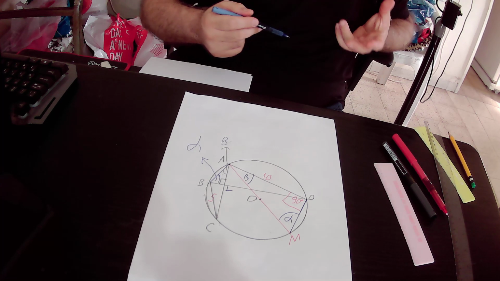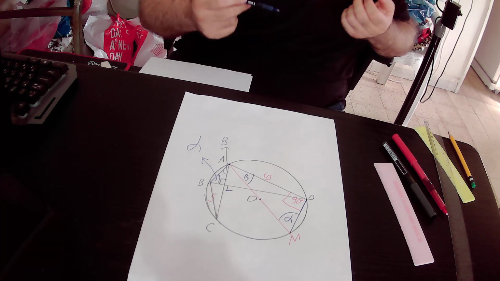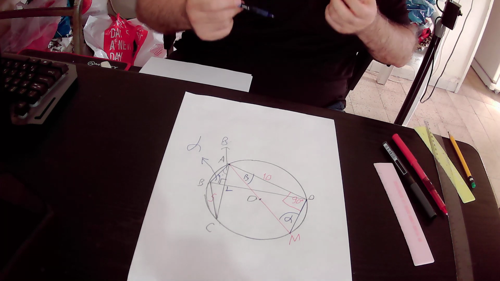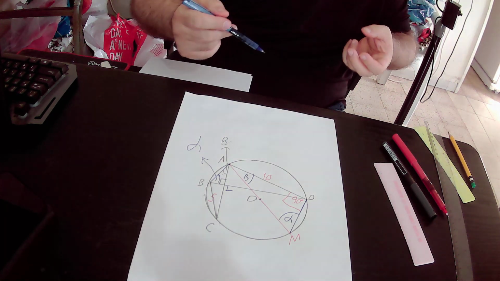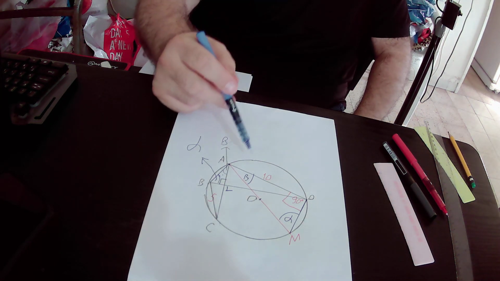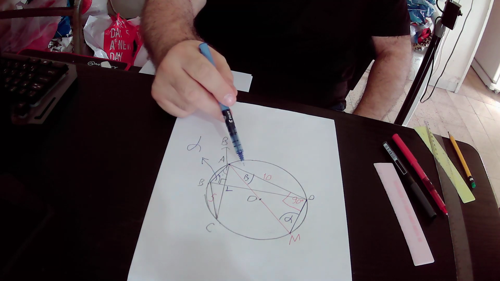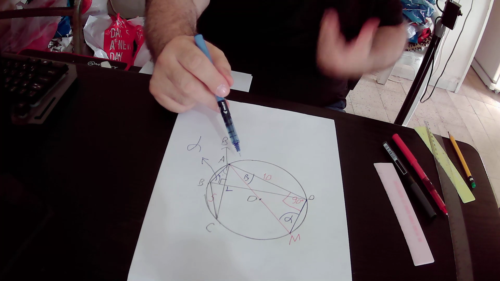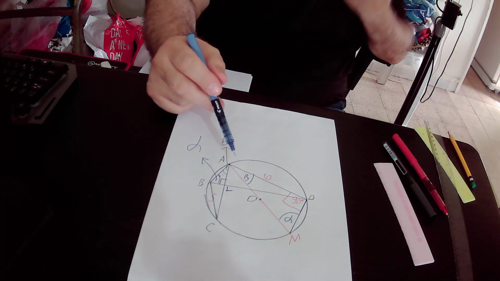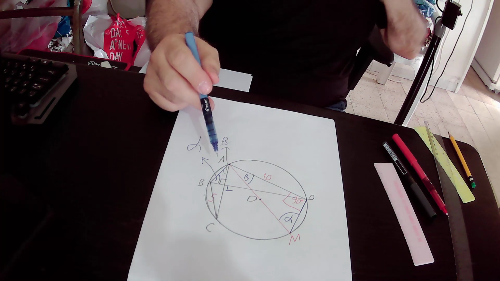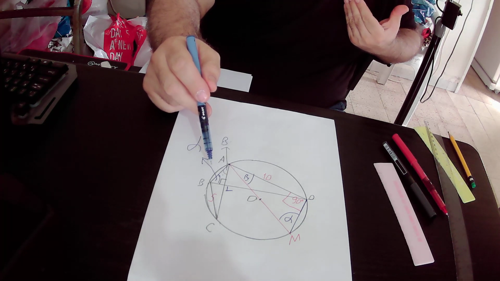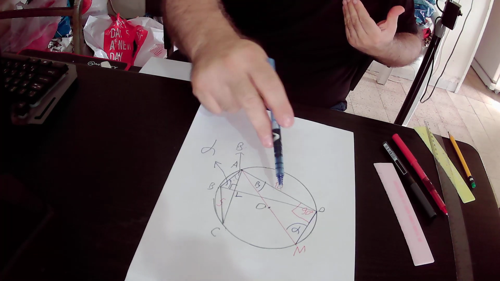So according to rule number 3, equal peripheral angles rest on equal chords. Those two peripheral angles are equal to each other, they both equal beta, so they rest on equal chords. That is to say, BC equals MD.